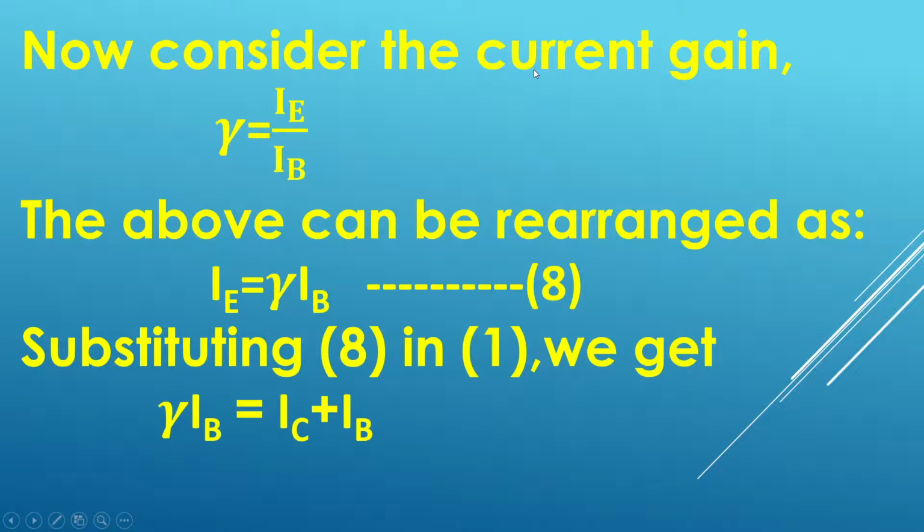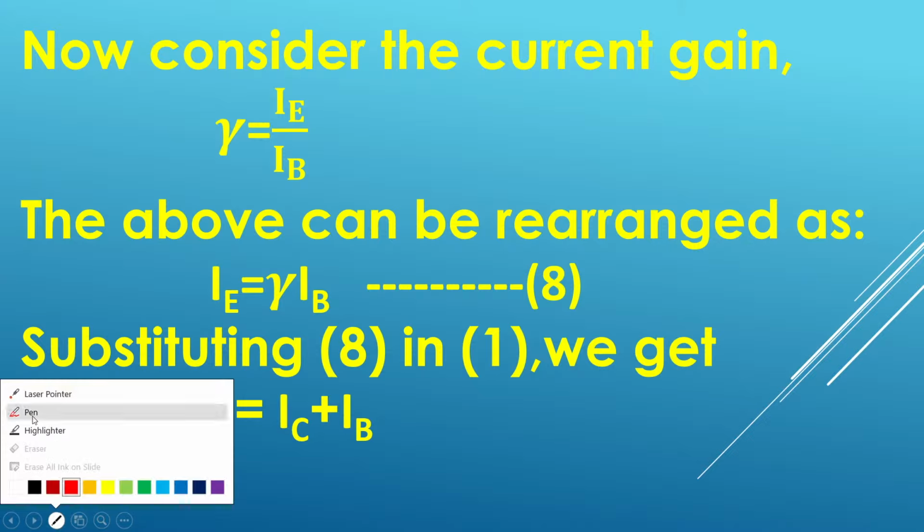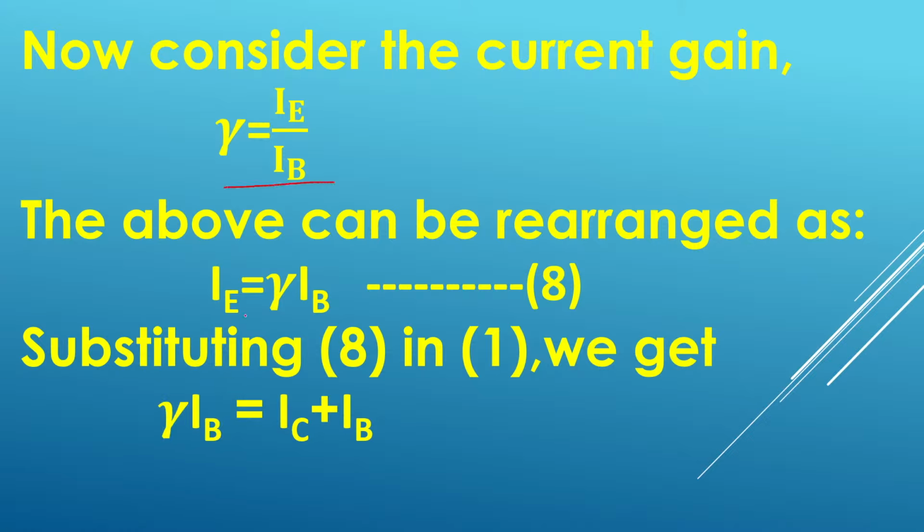So I'm going to consider now the common collector current gain parameter, that is gamma is equal to IE by IB. You can rearrange the above equation and rewrite it as IE is equal to gamma into IB.